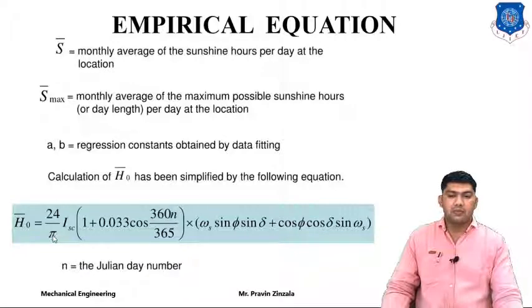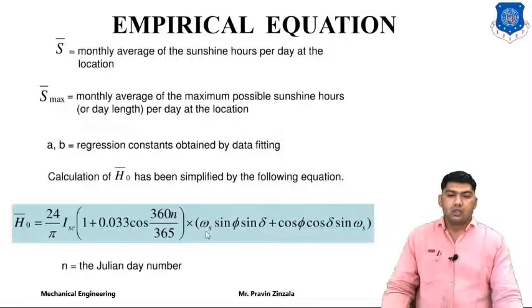H0 equals 24 divided by pi times I_SC, where I_SC is the solar constant, times the bracket 1 plus 0.033 cos of 360n divided by 365. Here small n is the number of the day, also called the Julian day number, meaning we count the days starting from 1st January.